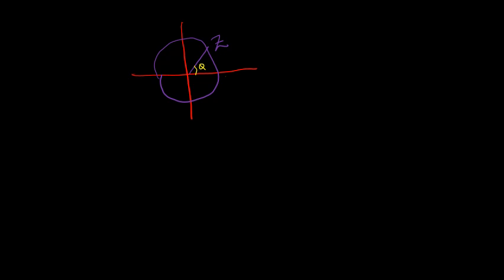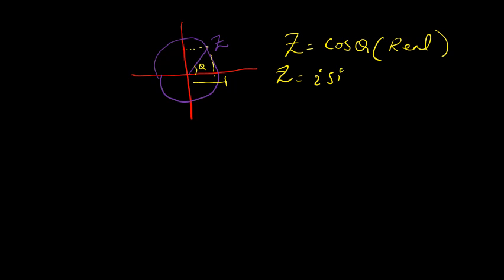The projection on the x-axis, the real part, will be cos theta, and the projection on the y-axis, the imaginary part, will be iota sine theta.